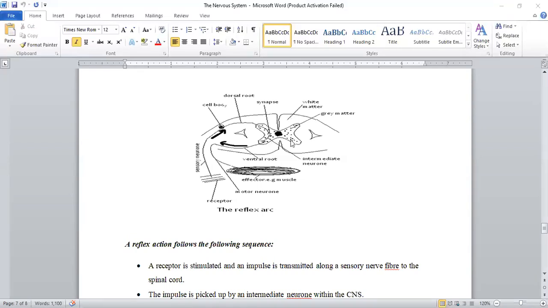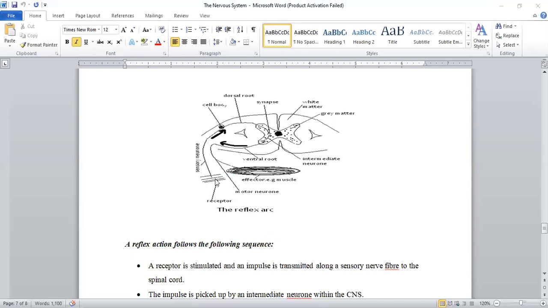So once your body, for example your hand, senses something that is hot, it is able to move through the transmission of impulse. Your skin sends the impulse to the CNS. So let's see, the sensory neuron senses. These are the receptors. The receptors are able to sense the changes in the environment.